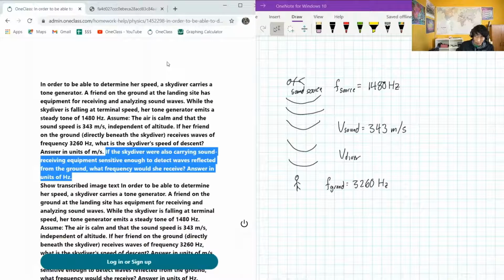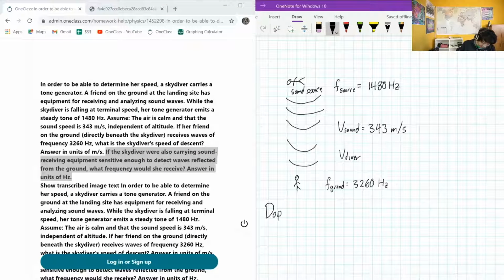Okay, so to do this, the concept of interest here is the Doppler effect. Which pretty much means approaching things increase frequency.